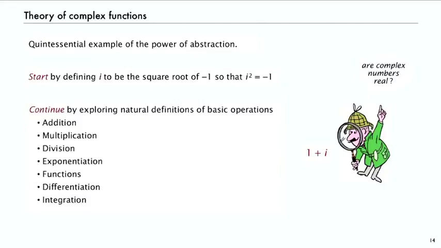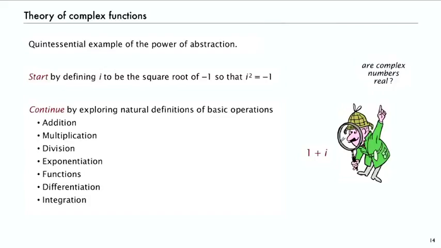All of these things are pretty simple, they get more complicated as we go on, but just starting with that idea, we're going to want to do things with these numbers that involve this imaginary number i, like add, multiply and divide them. We're going to want to do exponentiation. We're going to want to define functions.